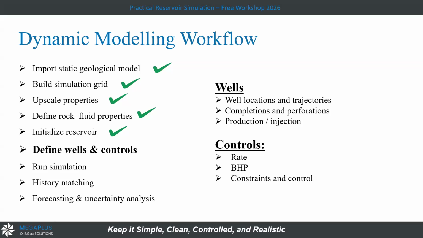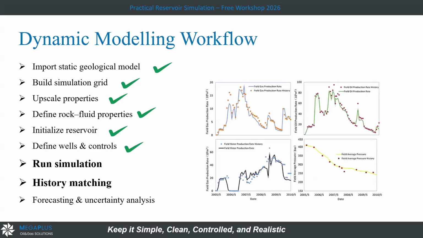Okay, I will continue. After I define the wells and controls, I will run the simulation, and the final product of the whole reservoir simulation will be these beautiful four charts. If you see these charts, there is gas production, oil production, and pressure.